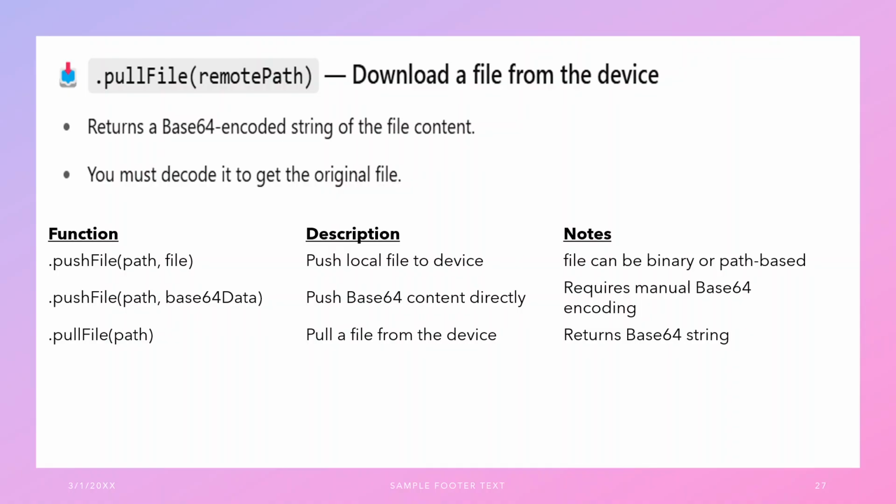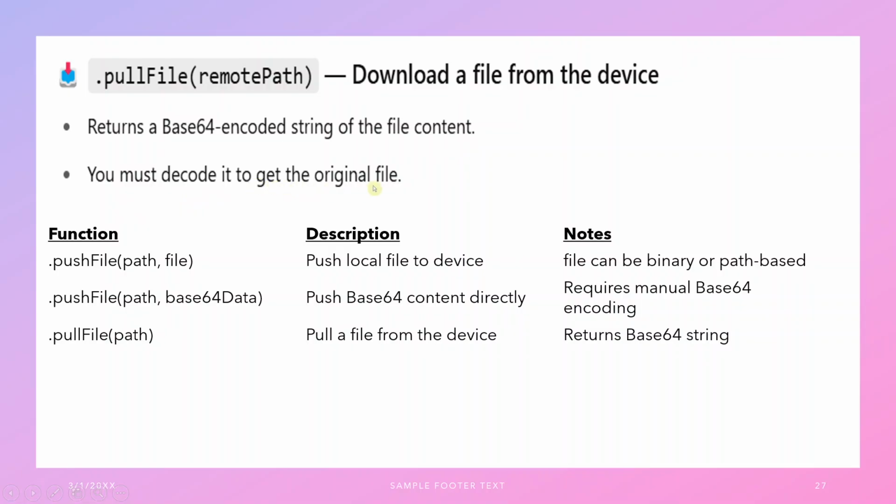For that I have to use the pull file method. So what exactly will this pull file method perform? It downloads a file from the device. It returns a base64 encoded string of the file content. You must decode it to get the original file.